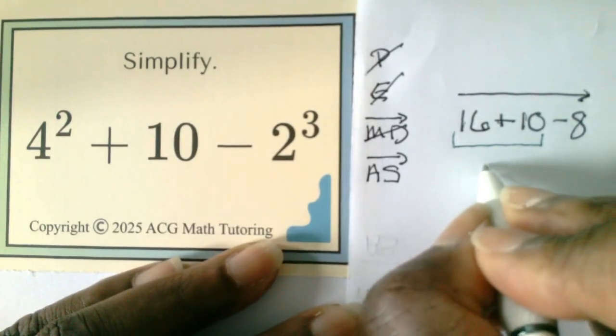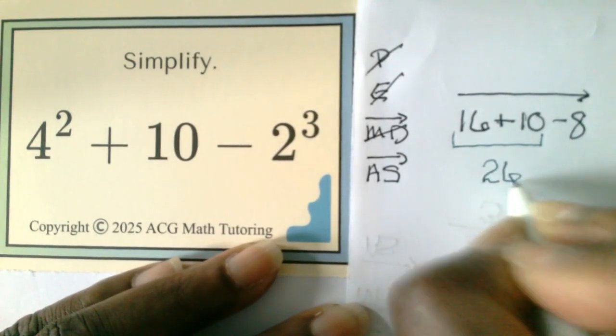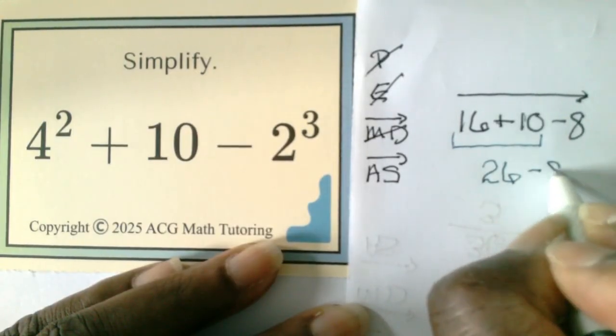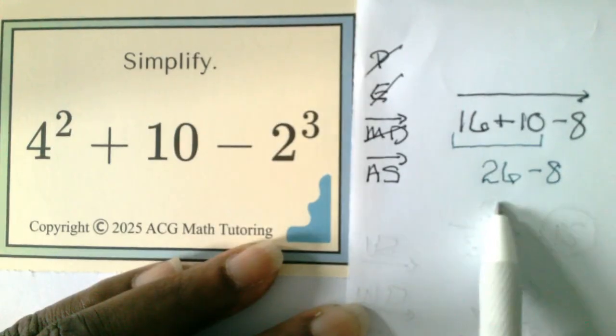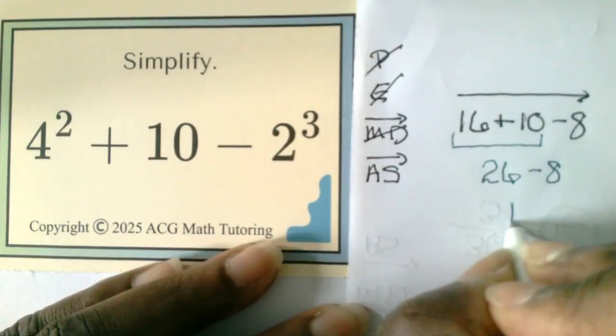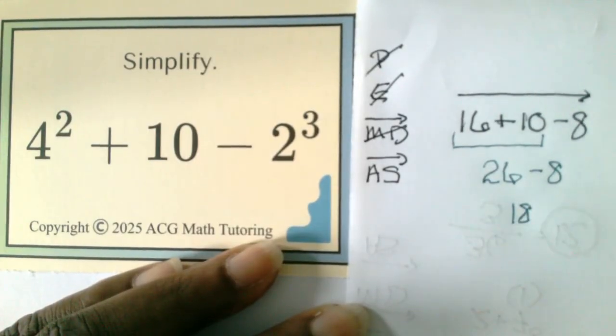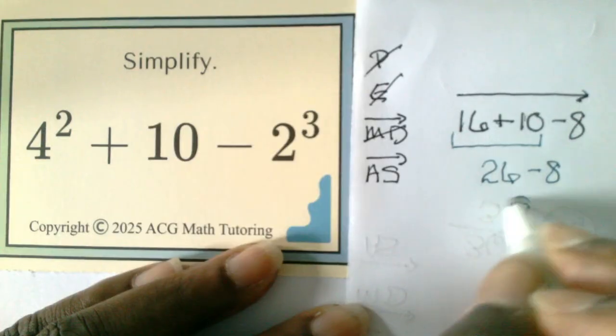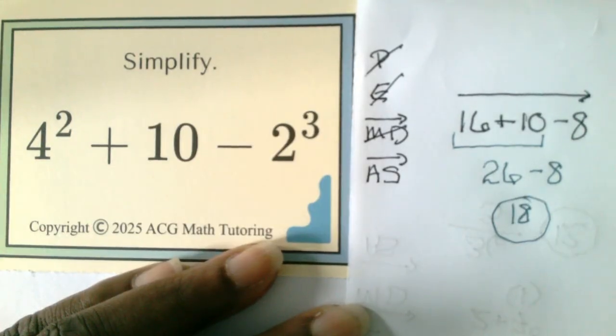That gives us our 26. Then we have our 26, bring down the minus 8, so that will give us our 18. Okay, not 16, not 12, but 18.